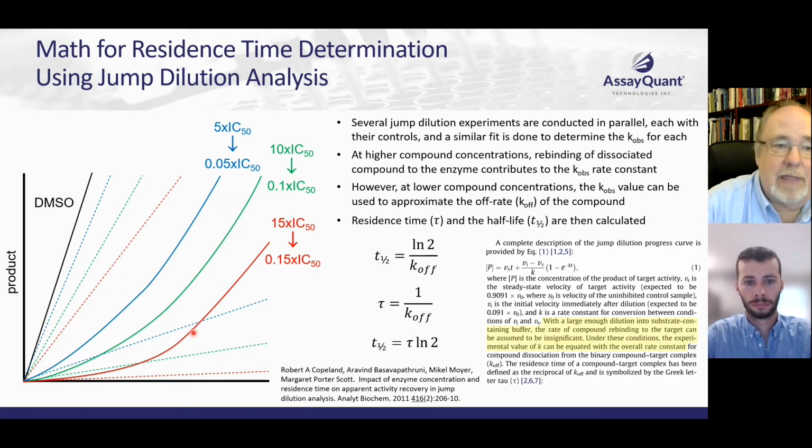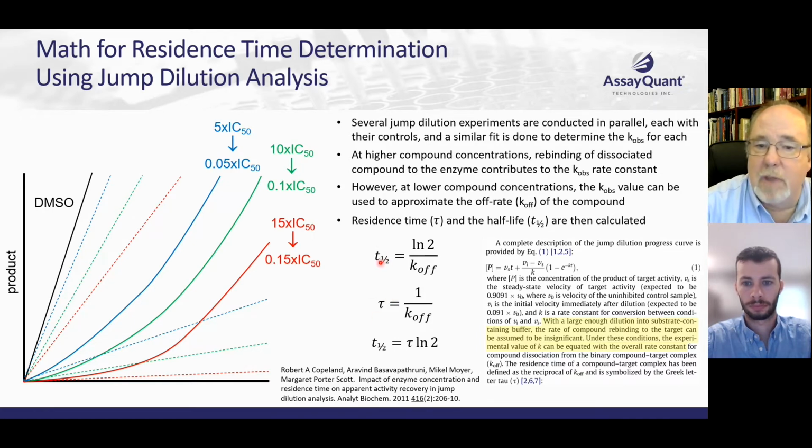And if you're confident that you've got the lowest inhibitor concentration where you've got a measurable K observed, that is a good estimation of the half-life itself. So that K observed value can be used to approximate that off rate. And with that off rate, you can calculate the half-life and you can calculate the residence time.